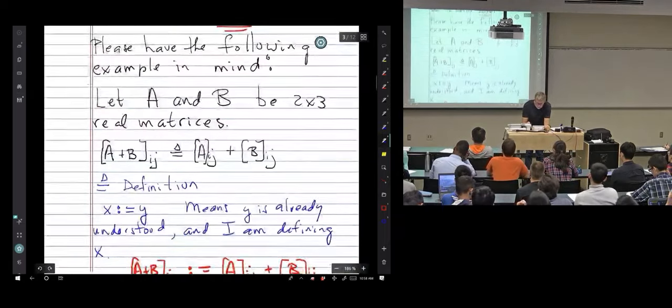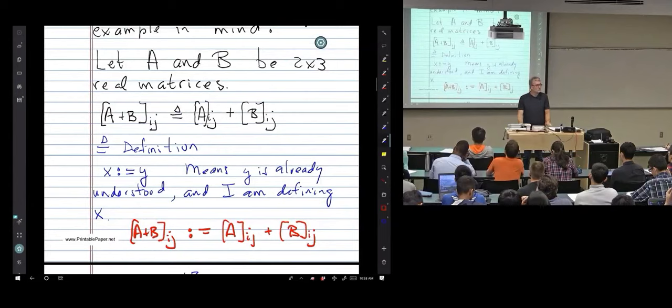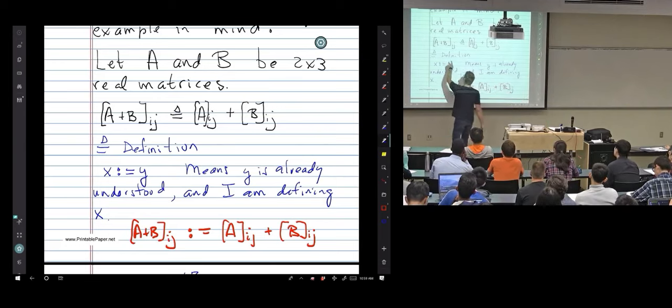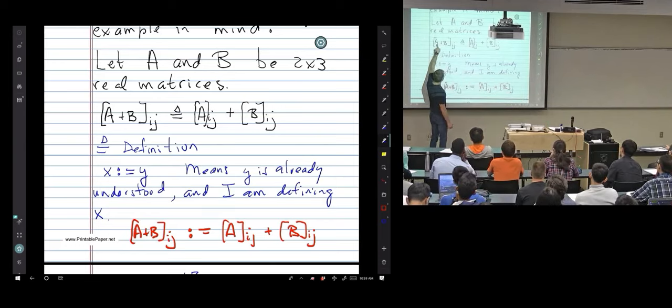and go back to our little lowly 2x3 matrices. Do I know how to add 2x3 matrices? Yes, here's a definition of how to add 2x3 matrices. So does it matter in which order I add my 2x3 matrices? Is A plus B equal to B plus A? And why is A plus B equal to B plus A?